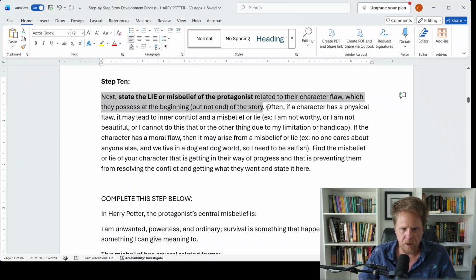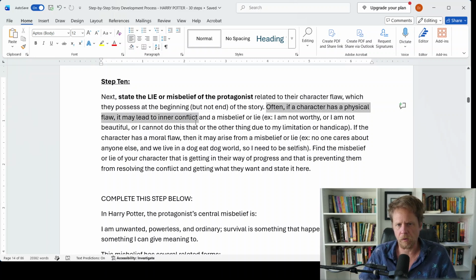Now, often if a character has a physical flaw, let's say they have a gimp foot or they're crippled, that may lead to inner conflict and for them to have a misbelief. For example, I'm not worthy because I can't get the girl in the end because I was born with a club foot, right?